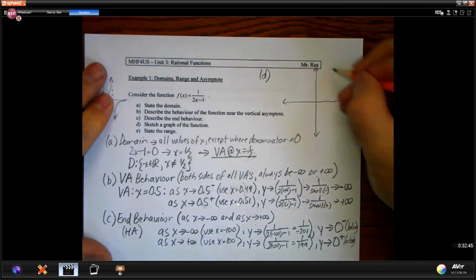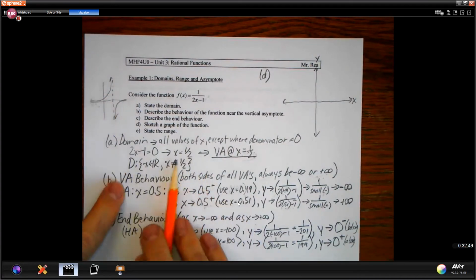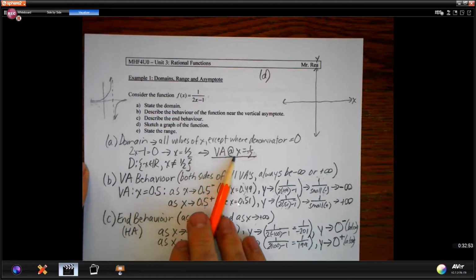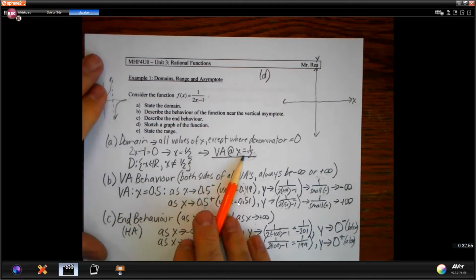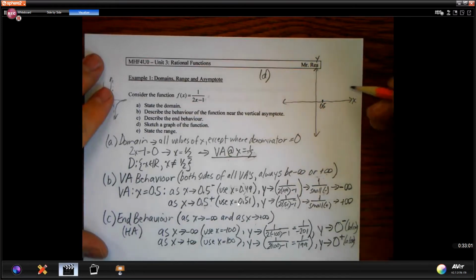So here is our graph. The first thing I'm going to do is put where our vertical asymptote is. The vertical asymptote is x equals 0.5. So I'm going to put a value there, x equals 0.5. And this is a vertical asymptote, so this is where I do my dashed or dotted line.